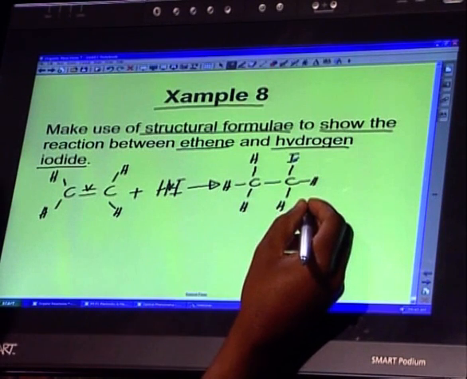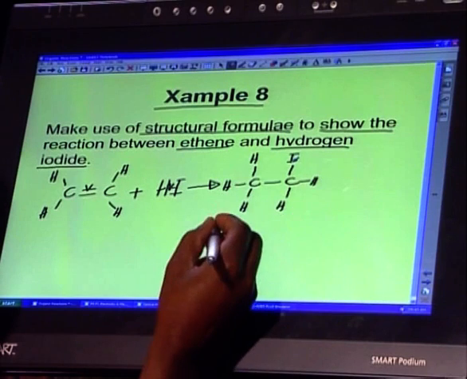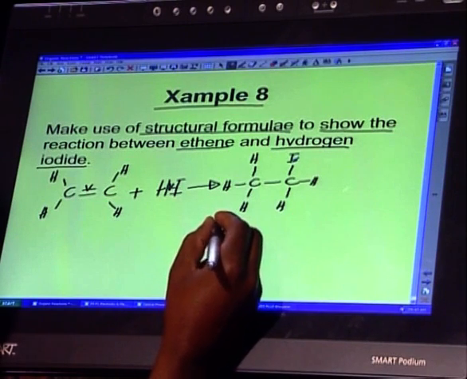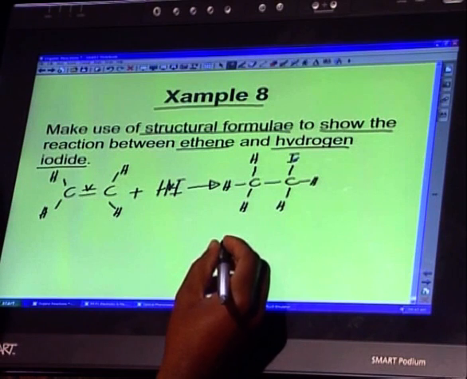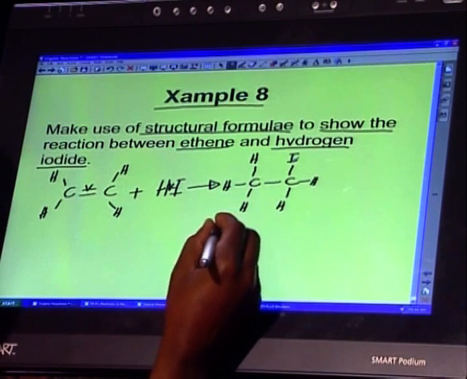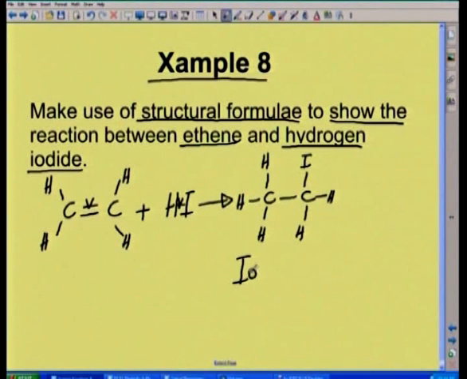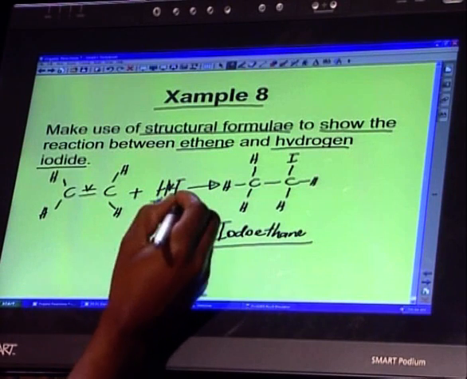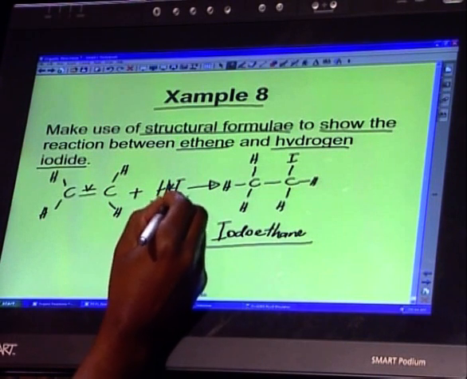So what do you have here? You have got an iodoethane. So that's what you have here. Iodoethane. That's an example of hydrohalogenation. You are bringing in a hydrogen and you are bringing in a halogen.